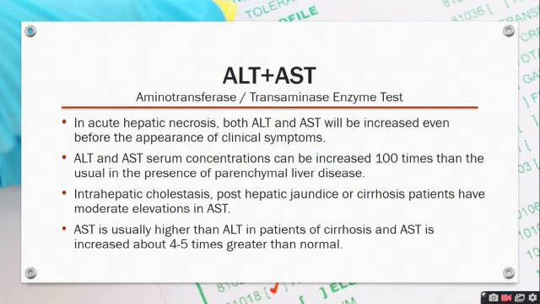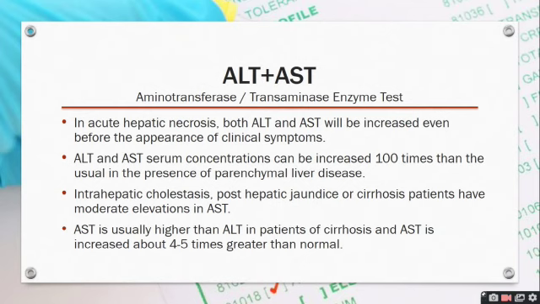Patients with elevated serum AST values have acute hepatic necrosis, which is either caused by viral hepatitis or by hepatotoxin like carbon tetrachloride. In both, ALT and AST will be increased even before the appearance of clinical symptoms.